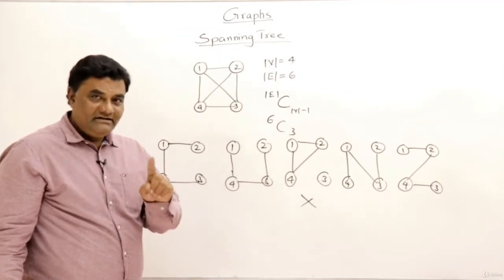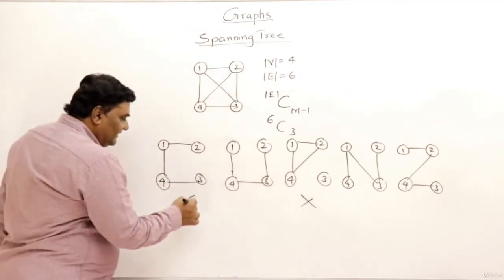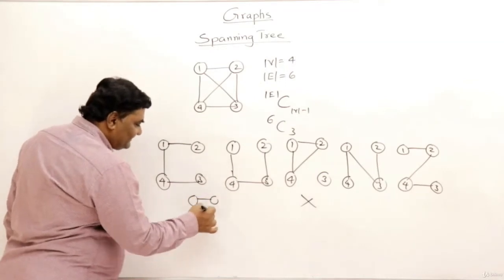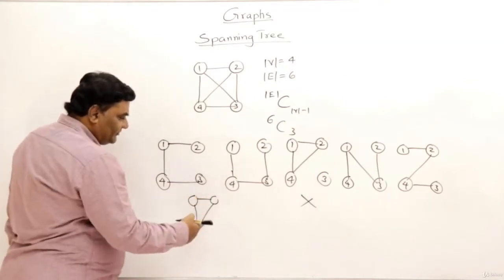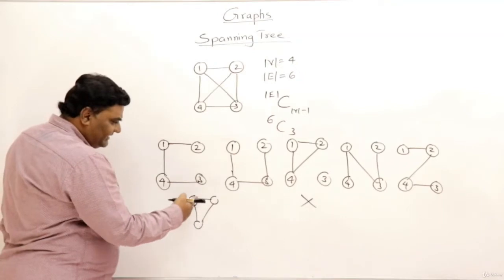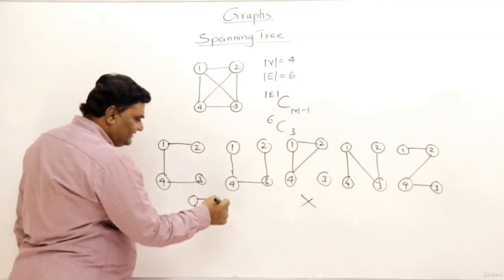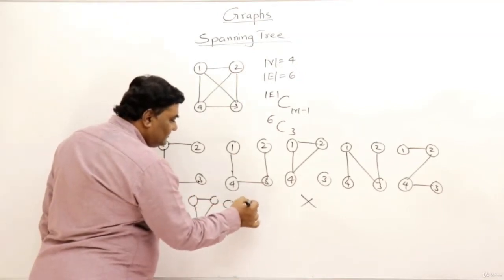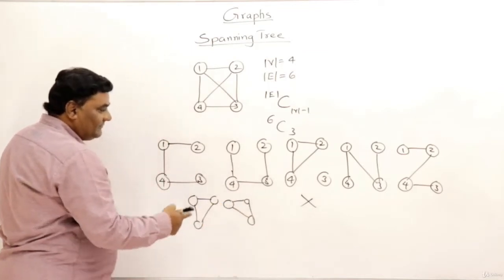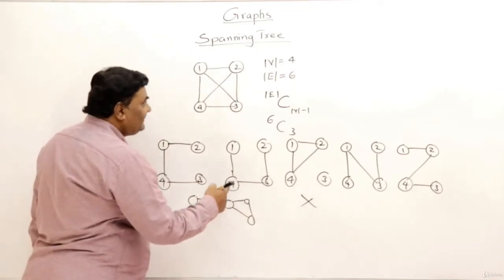But let us see something. If I take it like this, without labels, this is also 3 edges, but this is forming a cycle. This is also 3 edges, but it's forming a cycle. 2 cycles from this one.